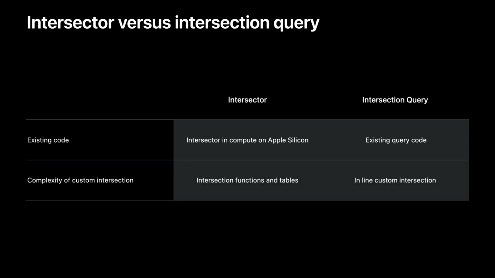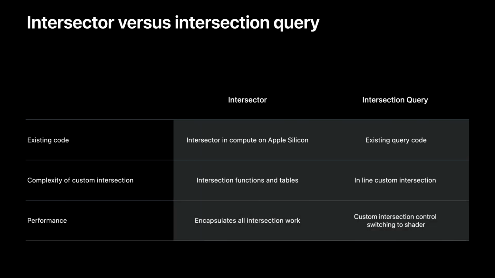Next, you have the complexity of handling custom intersection. Intersector requires intersection functions and tables, and it might be easier to use intersection query to handle custom intersection yourself. The last question is performance. In simpler cases, intersection query can avoid overhead when building your pipeline for ray tracing, but custom intersection handling requires returning to your code during traversal, which could have a performance impact depending on the use case.